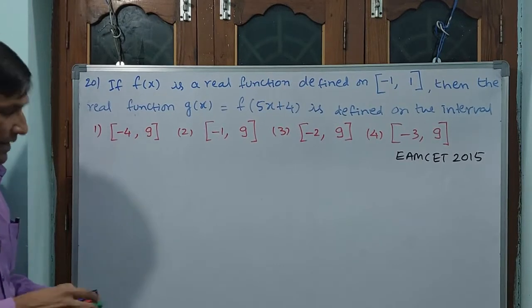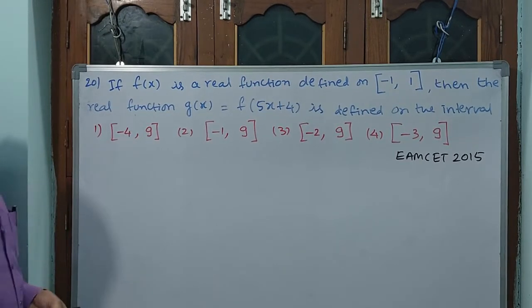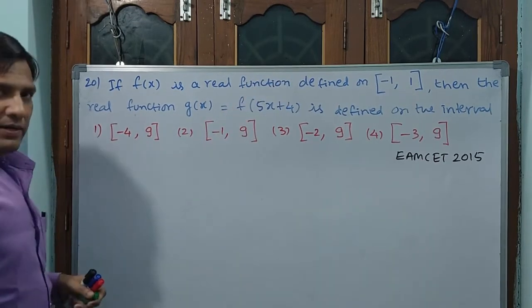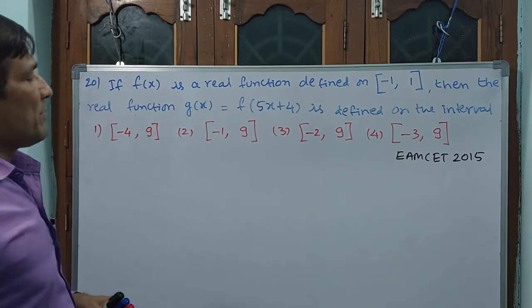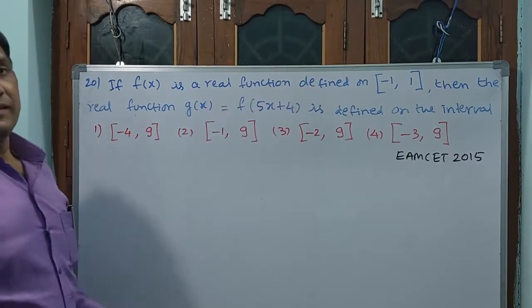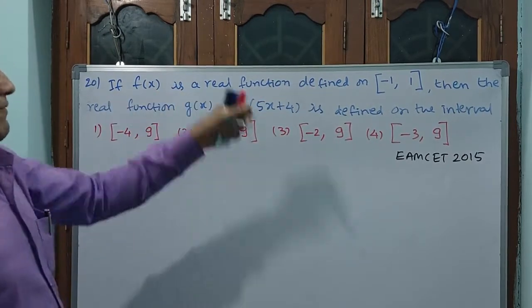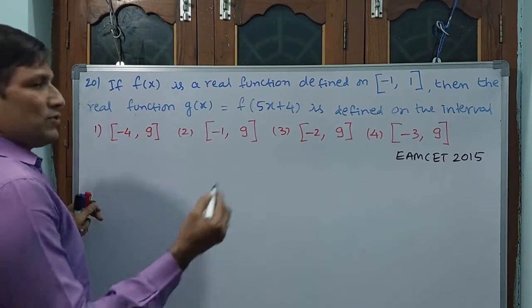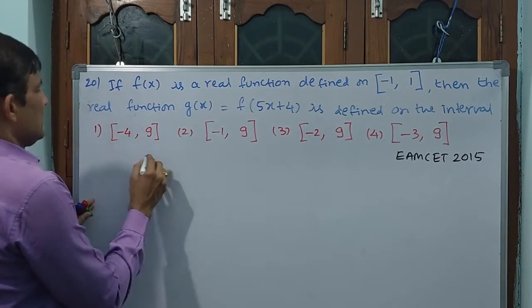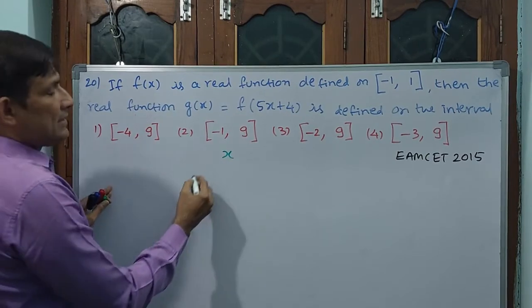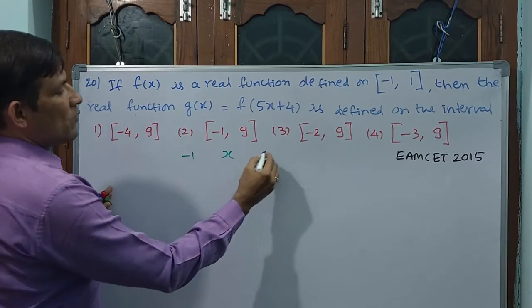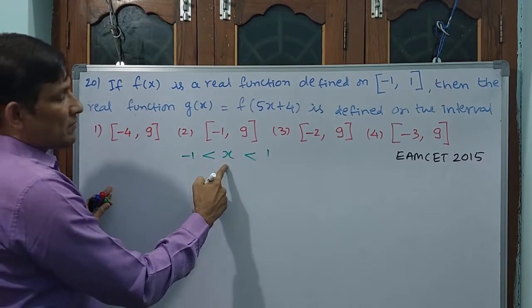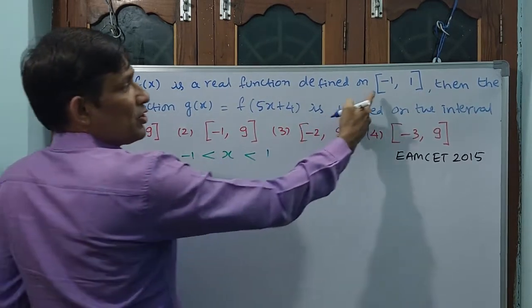Okay, let us find the answer. See how I am proceeding. For f of x defined on minus 1 to 1, that means the input only, not the result. See what I am writing. x is greater than or equal to minus 1 and less than or equal to 1, closed interval, so equal to is also there.